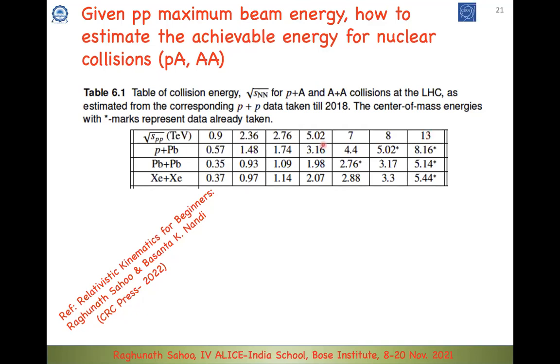If you calculate using that formula what could be the lead-lead center of mass energy or xenon-xenon center of mass energy, the corresponding energies are given in this table, and you will find exactly the lead-lead data or xenon data, 5.44. The star marks are actually the data taken by LHC. So you will find when pp center of mass energy is 7 TeV, for example, 3.5 is the beam energy, the heavy ion collision happens at 2.76, and for which we have the data.